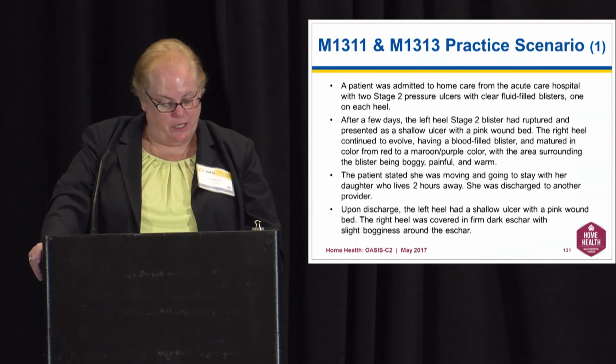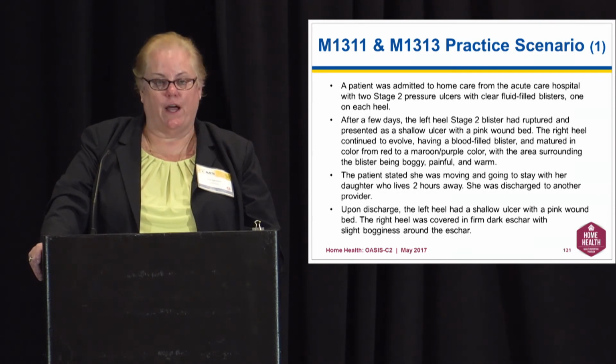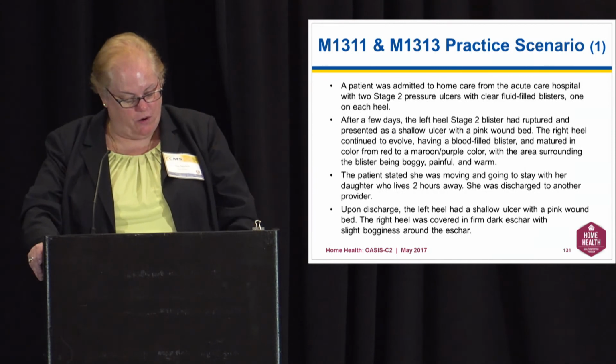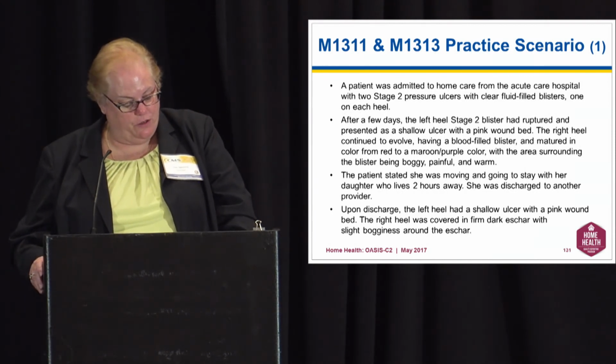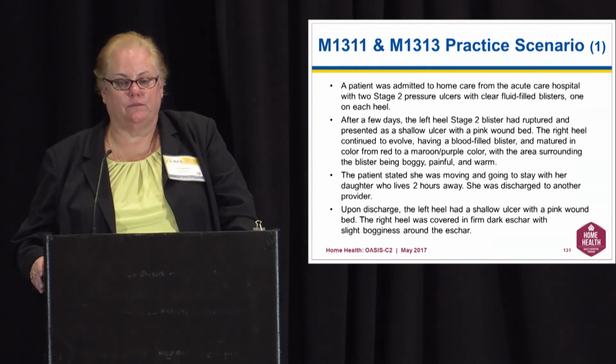The patient stated she was moving and going to stay with her daughter who lives 2 hours away. She was discharged to another provider. Upon discharge, the left heel had a shallow ulcer with pink wound bed. The right heel was covered in a firm, dark eschar with a slight bogginess around the eschar.